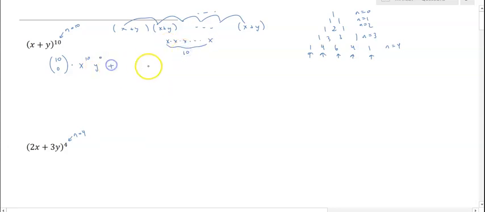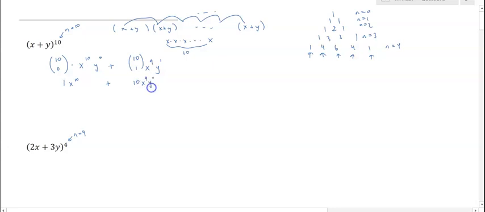Now, to get the next term, which will be x to the 9th, y to the 1st, let's think about this for a moment. Well, that's going to be 10 combination 1. So notice the power of x is dropping, the power of y is increasing. Why will there be, comes out to be 10. So this is 1 x to the 10, y to the 0 is just 1, but I usually just write y to the 0. 10 combination 1, there's 10 ways to draw one thing from 10 things.